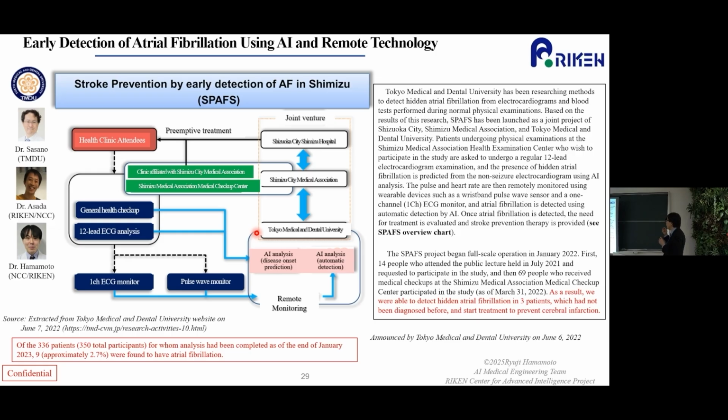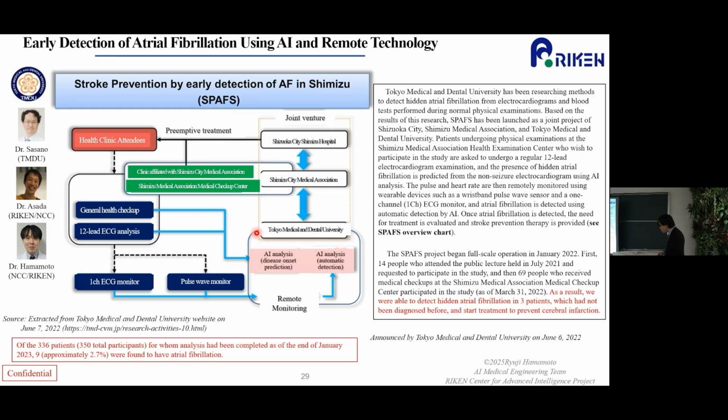Patients undergoing physical examinations at the Shimizu Medical Association Health Examination Center who wish to participate in the study are asked to undergo a regular 12-lead electrocardiogram examination, and the presence of hidden atrial fibrillation is predicted from the non-seizure electrocardiogram using our developed artificial intelligence analysis.